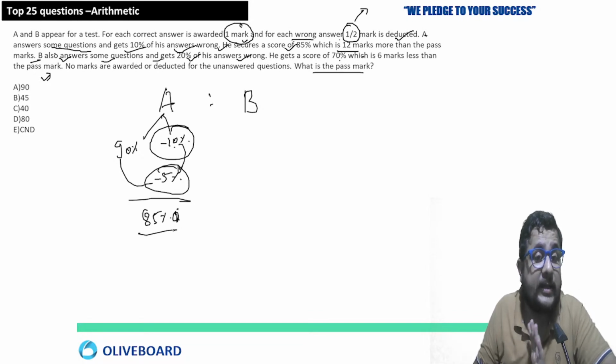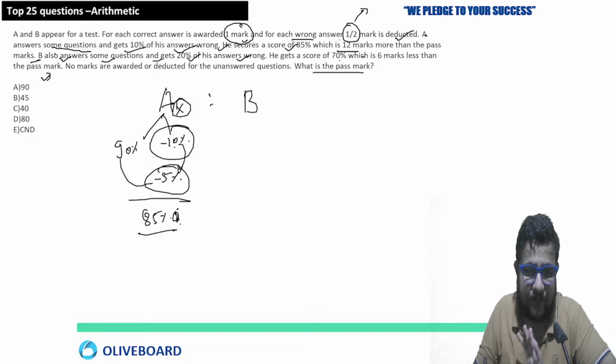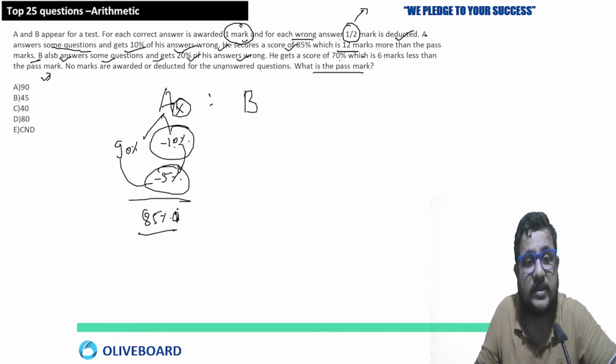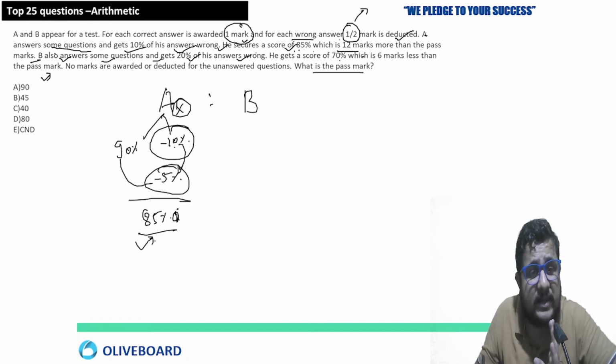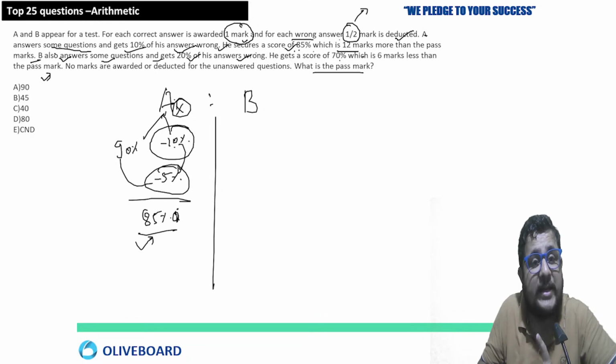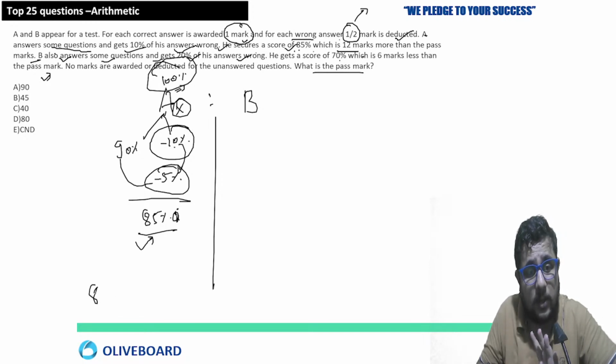It depends on the attempt. Suppose he attempted X questions, so he will get 85% of X, because he gets the same marks on each question, 1 mark on each. He secures a score of 85%, which is 12 marks more than the passing marks, so definitely he attempted all 100% of the questions.